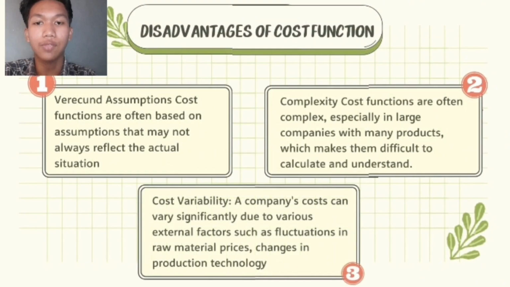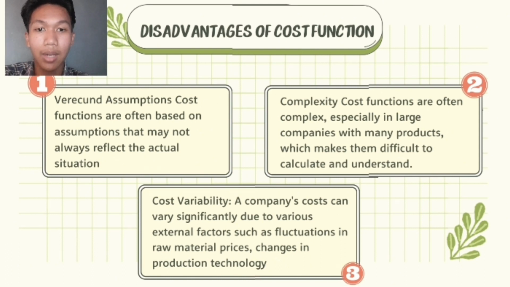Disadvantages of cost function: variable assumption, complex cost function, and cost variability. Cost functions are often based on observation, which may not always correspond to the actual situation, especially in companies with many products, which makes it difficult to calculate and understand.